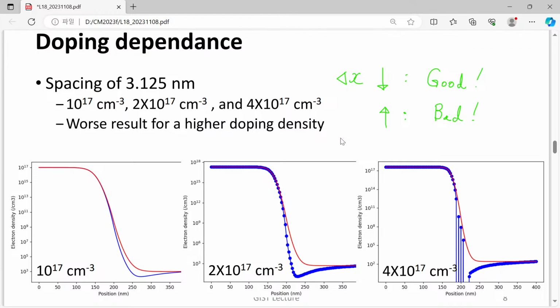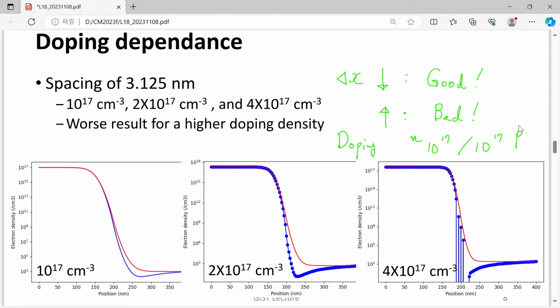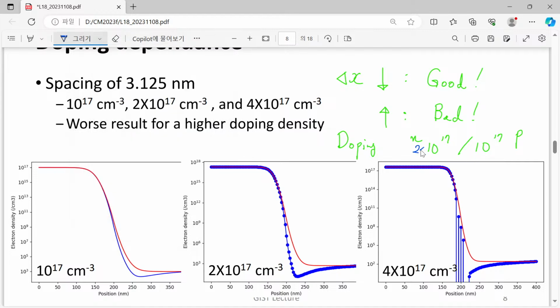Then how about the doping? Up to now, we have used 10 to the 17 and 10 to the 17 for our n-type region and p-type region. Now let's increase it a little bit, to 2 times 10 to the 17, 2 times 10 to the 17, or 4 times.